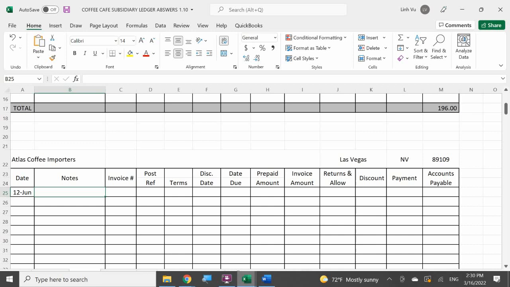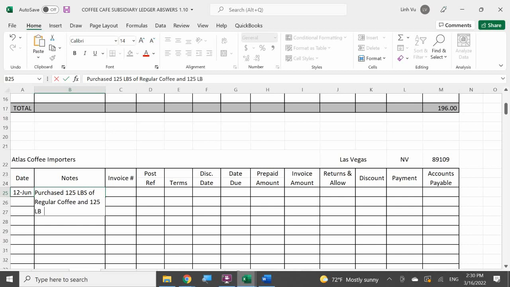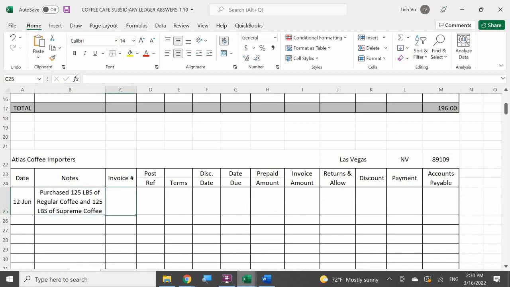Okay, so here you could say we purchased 125 pounds of regular coffee, right? And 125 pounds of Supreme coffee. Invoice number 315, right? Post reference, once again, page 4.